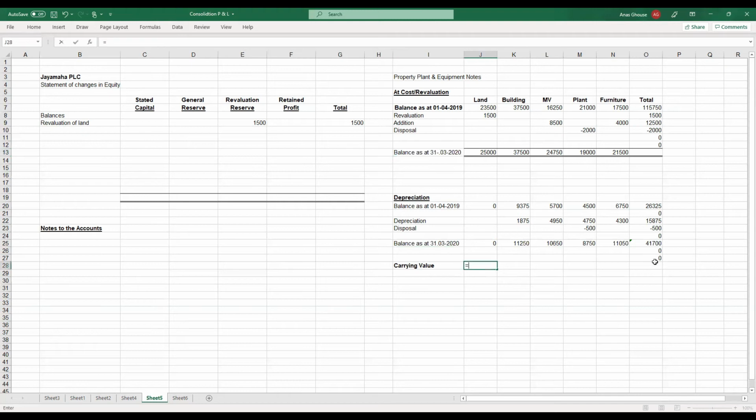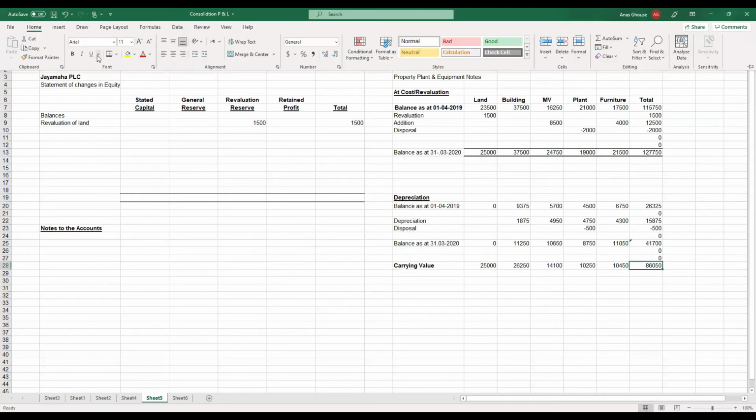So what is the carrying value? Carrying value will be cost minus depreciation. So therefore, the total carrying value will be how much? To take the total, 86,050,000 should be reflected in the financial position.